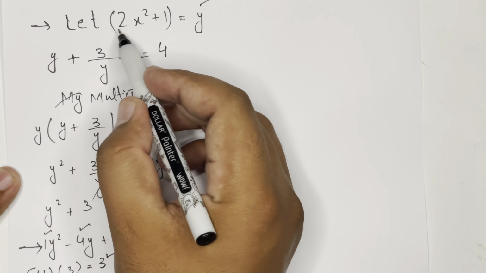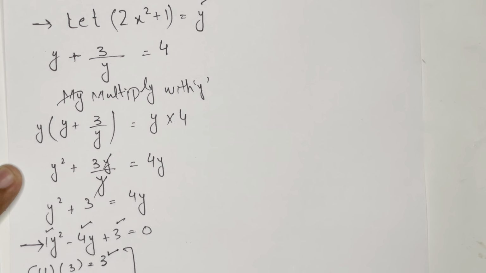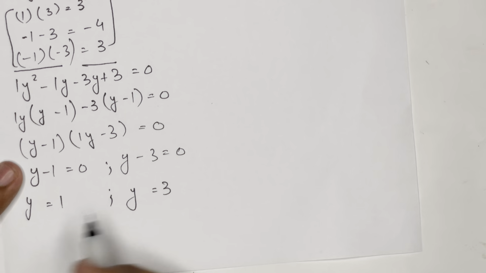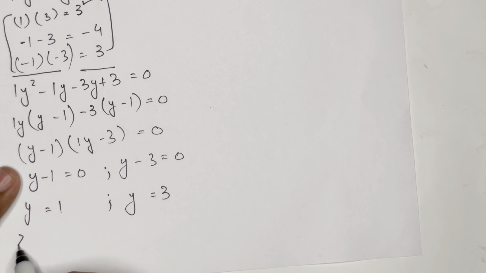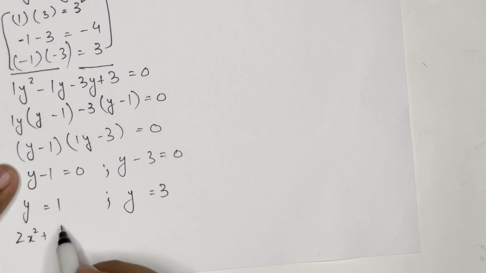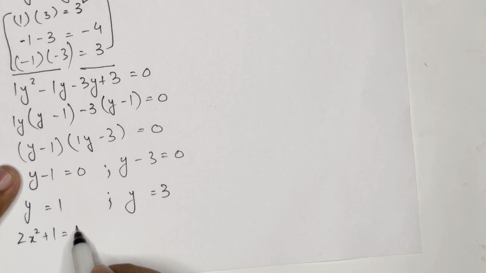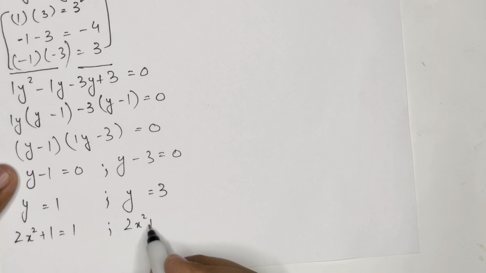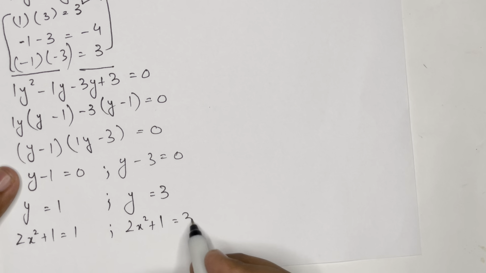For that I am going to put the value of y. I am going to put 2x² + 1 in the place of y. So 2x² + 1 equal to 1, and on the other side 2x² + 1 equal to 3.